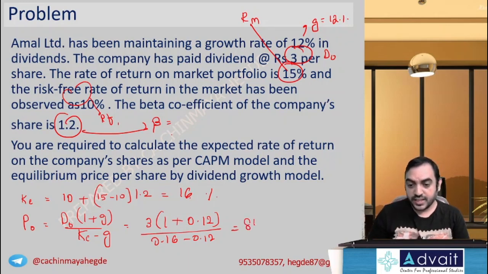That will give you 84. That's the value per share, the equilibrium price.